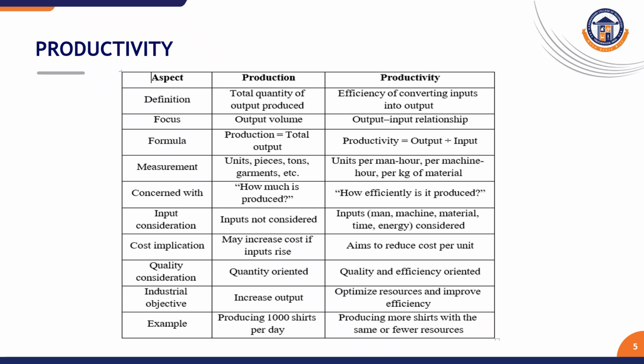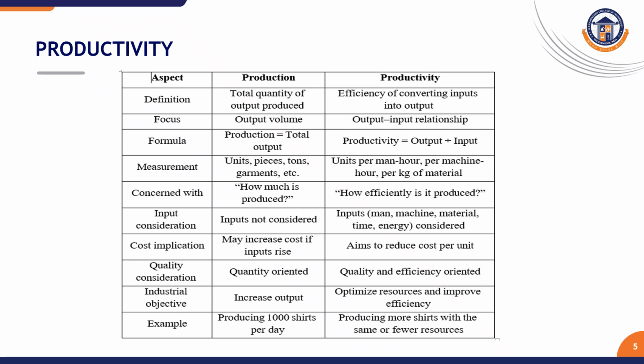So that is what productivity means. Another aspect: production is concerned with how much is produced, while productivity is how efficiently it is produced. Then the seventh aspect, input consideration. Inputs are not considered in production. In productivity, the 5 inputs, man, machine, material, time, and energy, are considered.